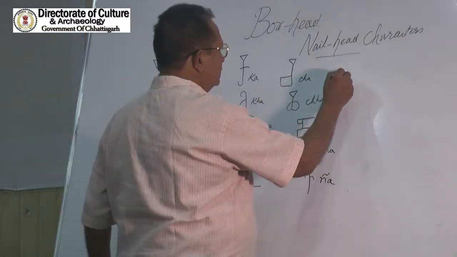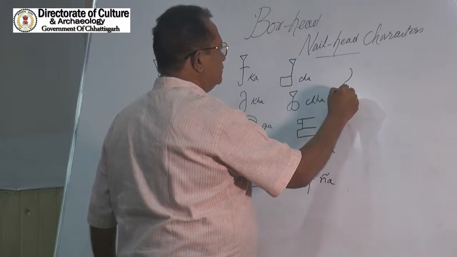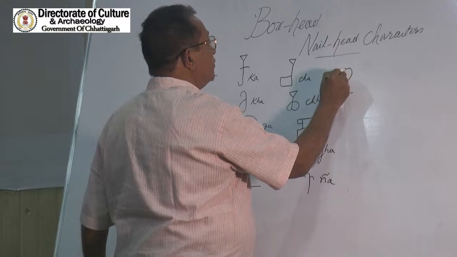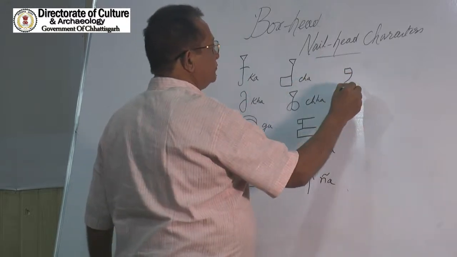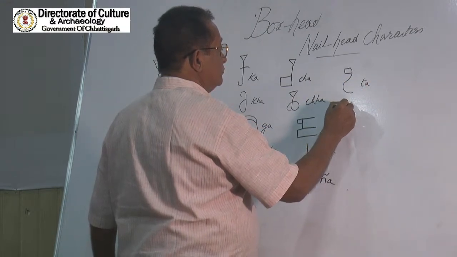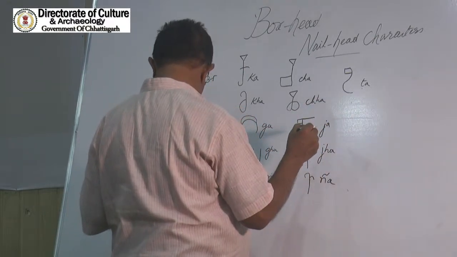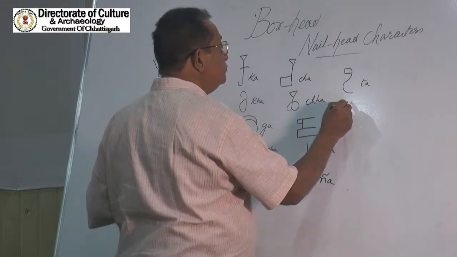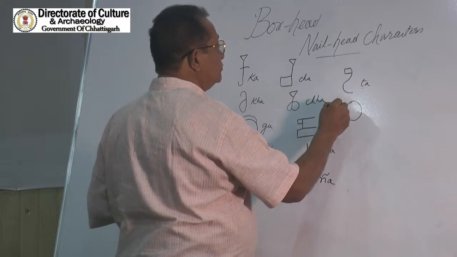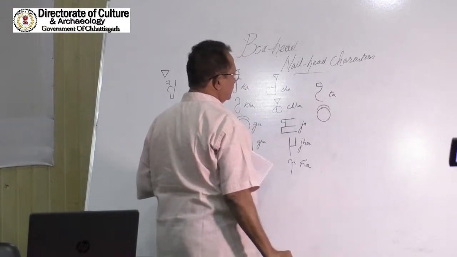Ta again, with a deeper one. It doesn't have a nail head, but it has a box. This also has an elliptical form, not the nail head.